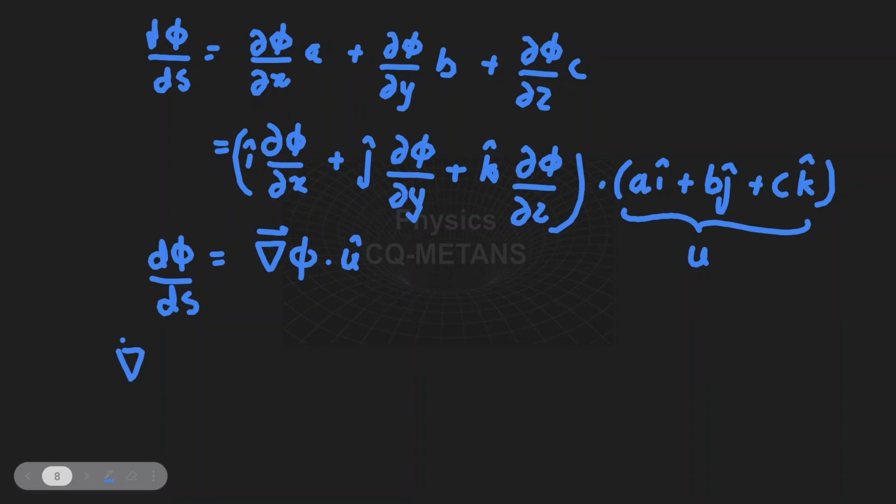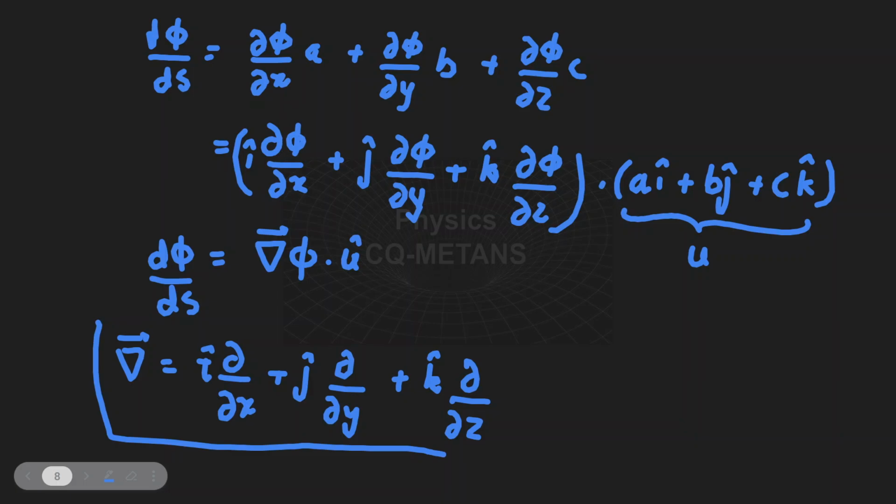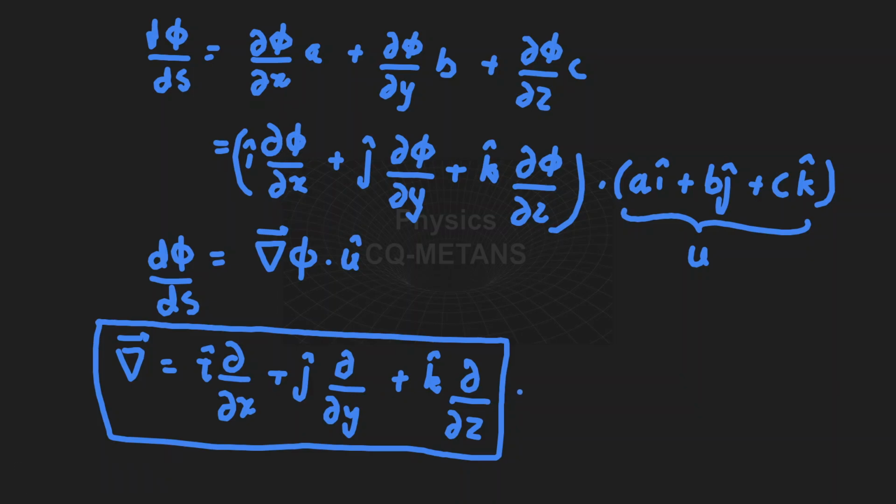This triangle is called the del operator, and it is given by i cap ∂ by ∂x plus j cap ∂ by ∂y plus k cap ∂ by ∂z. This is a very important operator, called the del operator.